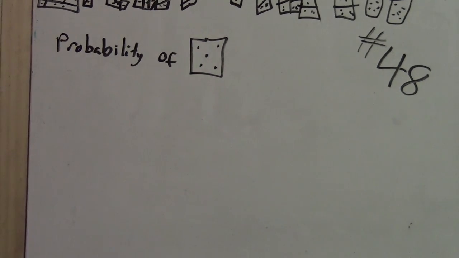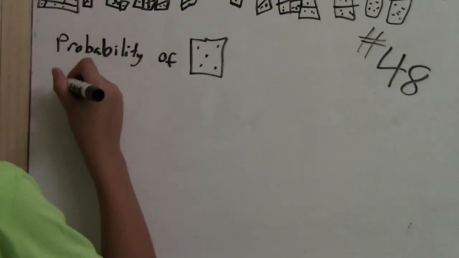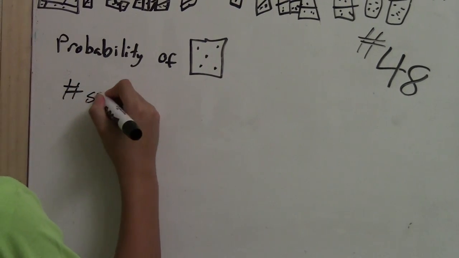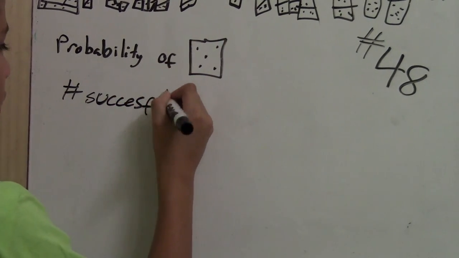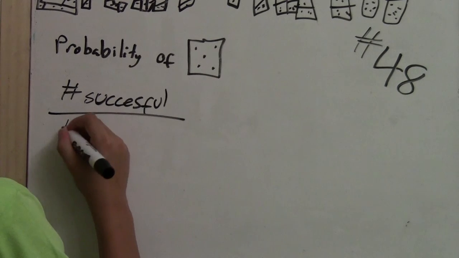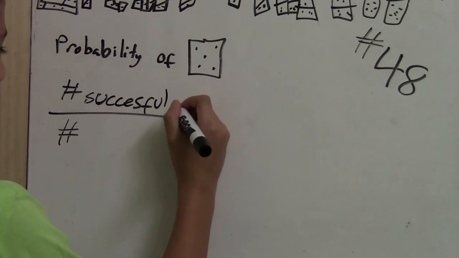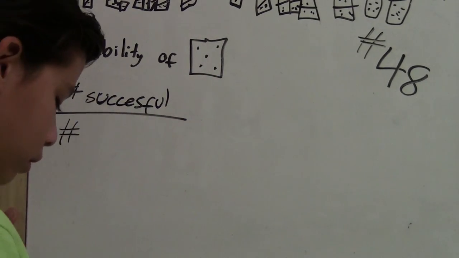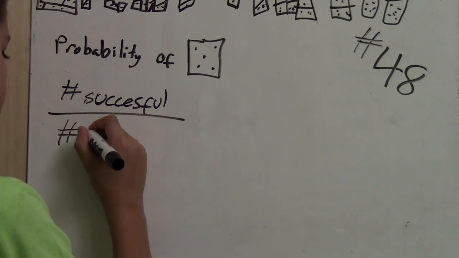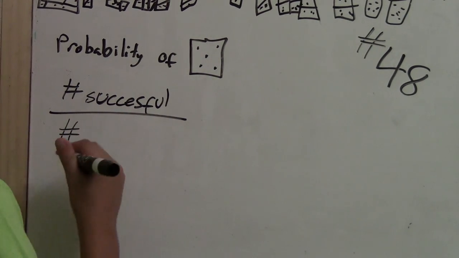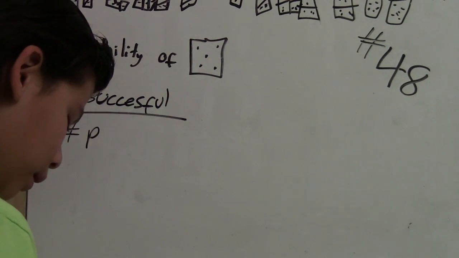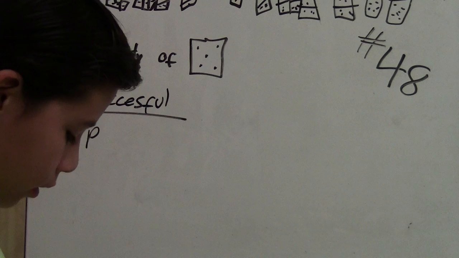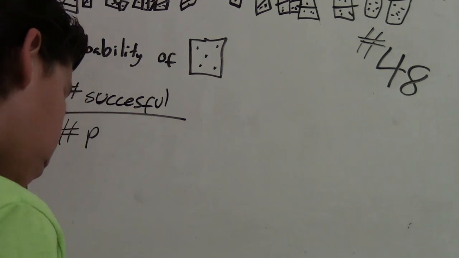I have a so much easier way. So let's actually do the probability rule, which is the number of successful outcomes divided by the number of possible outcomes.